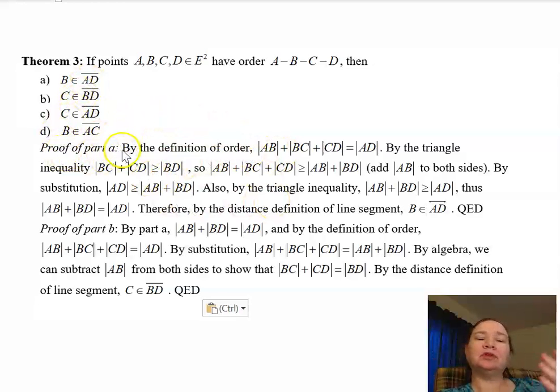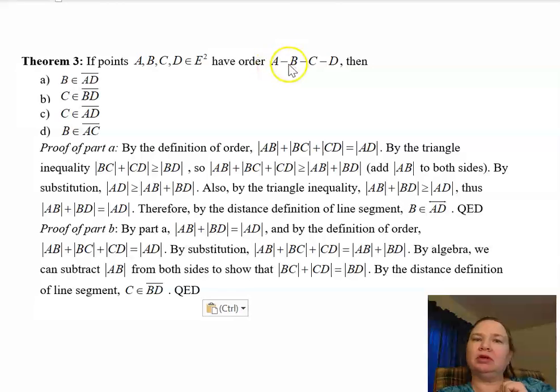All right, so what we have here is 4 points in the plane that have an order. And I'm going to show that having an order means that some of these points are on the line defined by some of these other points.